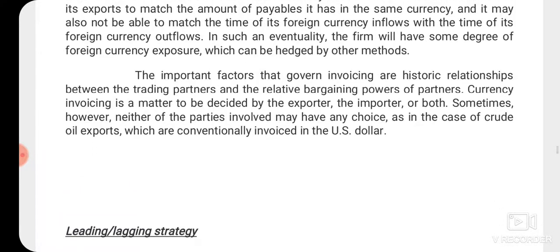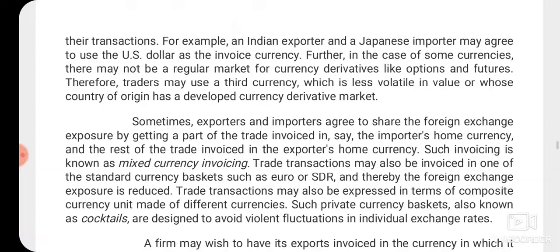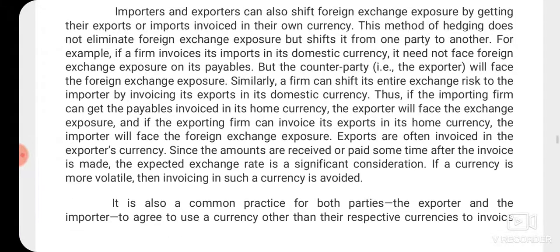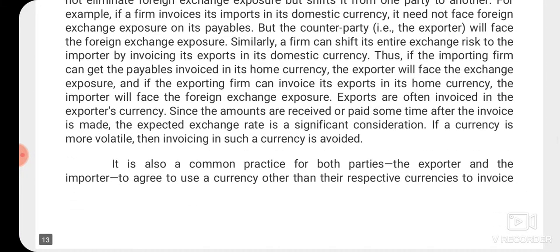I'll explain this currency of invoicing more broadly in the following examples also. If the importing firm can get the payables invoiced in home currency, the exporter will face the exchange exposure, and if the exporting firm can invoice its exports in home currency, the importer will face the foreign exchange risk.